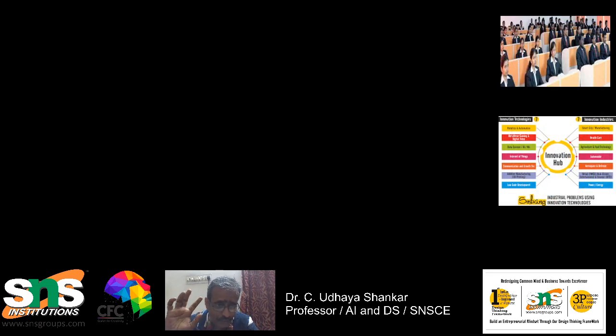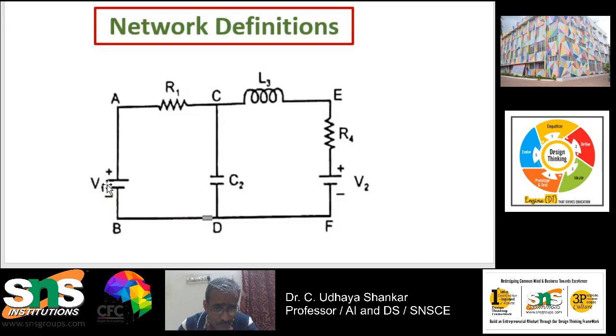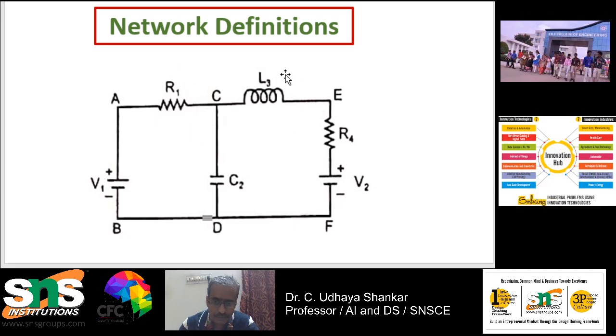For example, you can see there is a voltage source with positive and negative terminals. This is a network element. Similarly, a capacitance again has two points, so this is a network element. This R1 again has two different points, so this is again a network element.